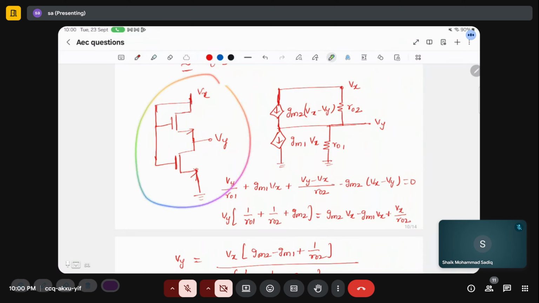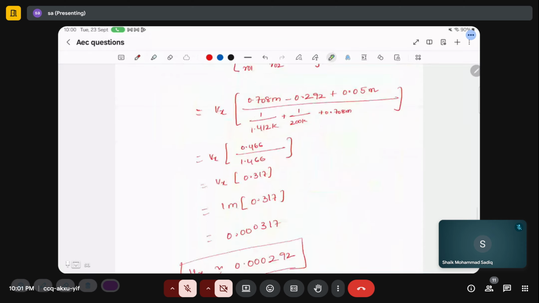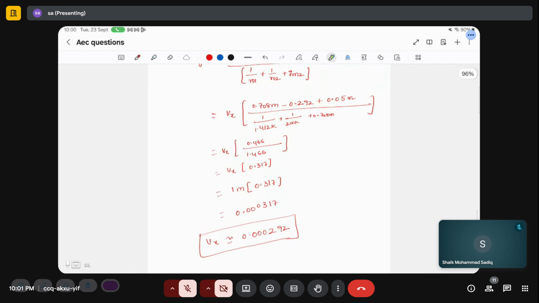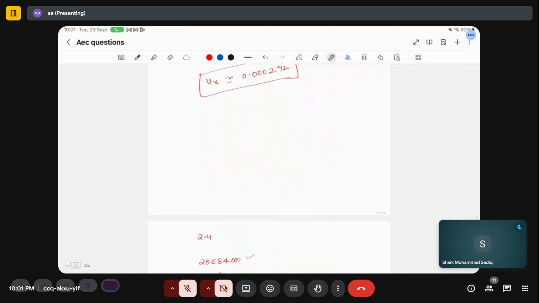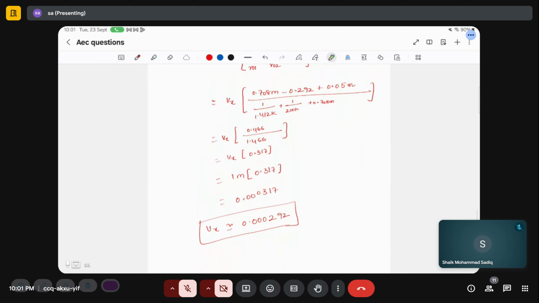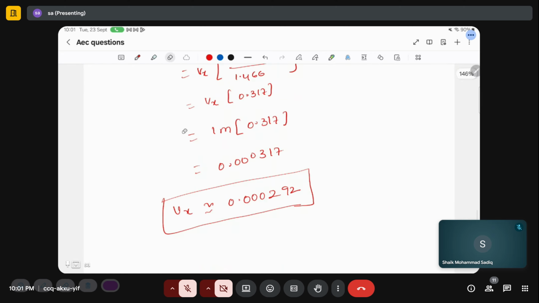You put this circuit. We know Vx from previous small signal analysis. Sorry, this is Vy. I have taken it as Vy.